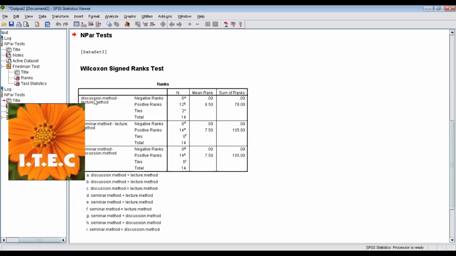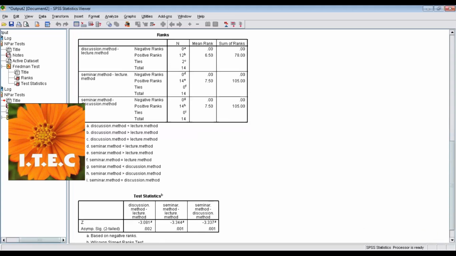So when you compare the discussion with the lecture method, the ranks improved because the positive is 12 and the mean rank is 6.50. And you can see the Z value here is 3.08 and it is significant at 0.01 level.